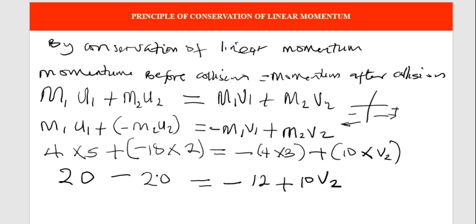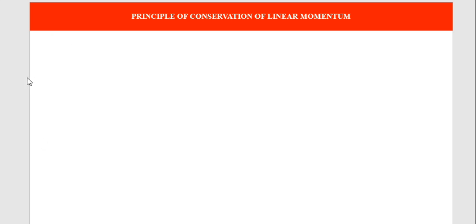Of course, 20 minus 20 gives us 0, which is equal to minus 12 plus 10 v2. So we move to the next step. We add 12 to both sides of the equation.